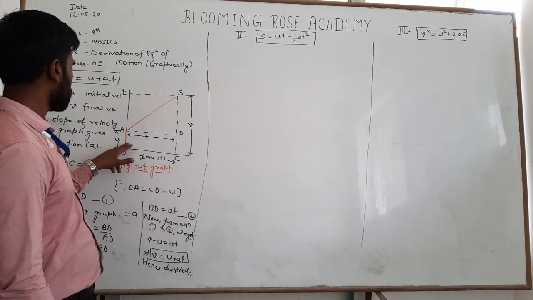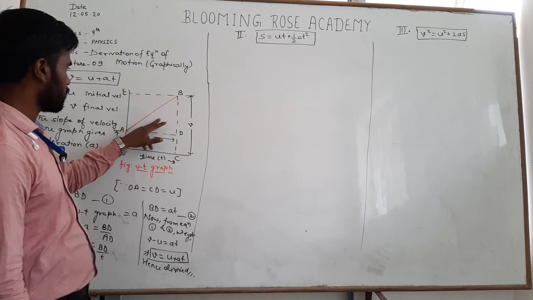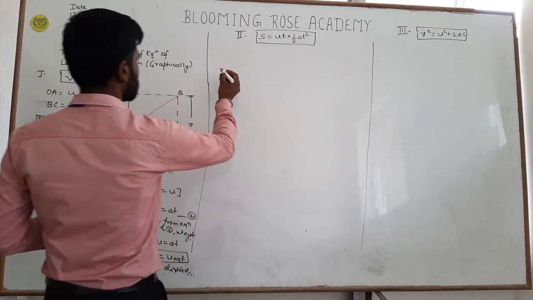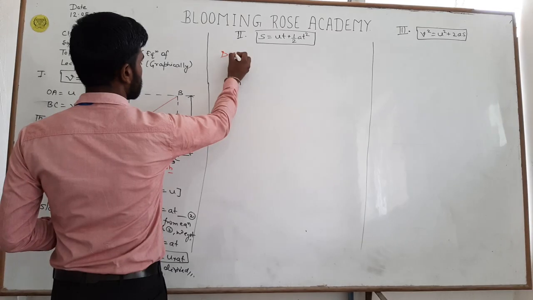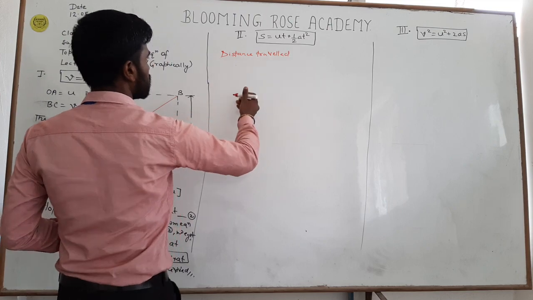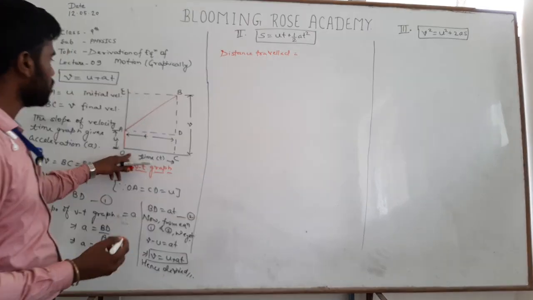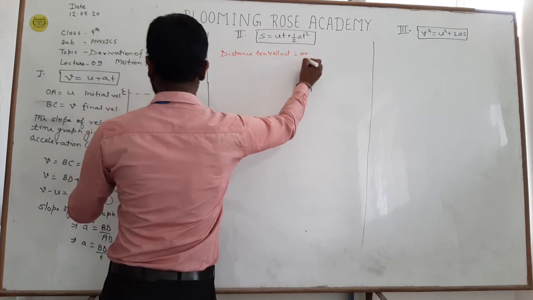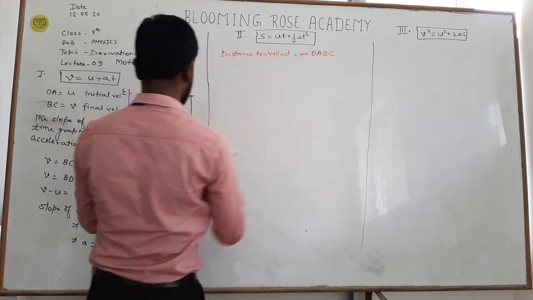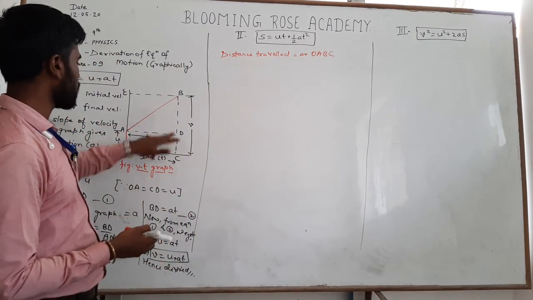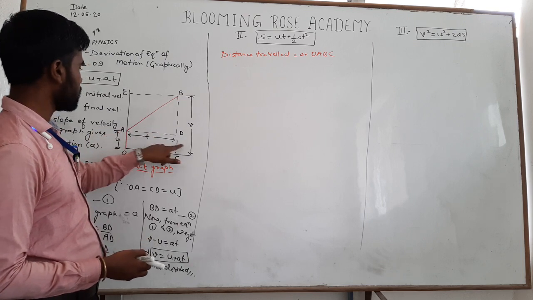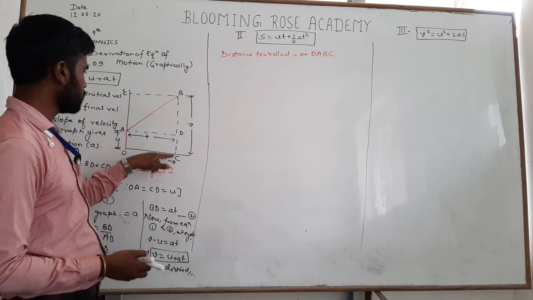But here, by use of the graph, we calculate the distance traveled as the area OABC. We calculate the area OABC as the area of triangle ABD and the area of rectangle OACD.